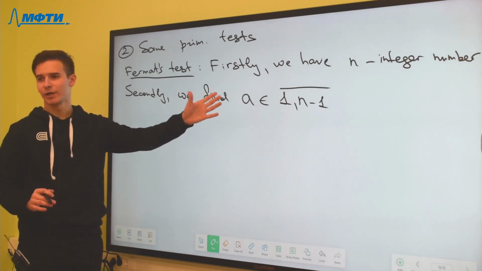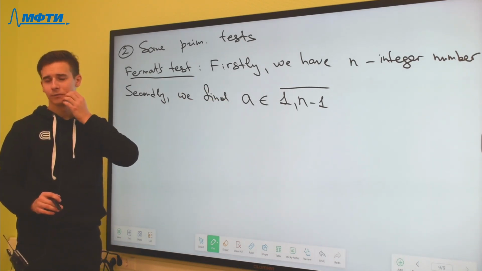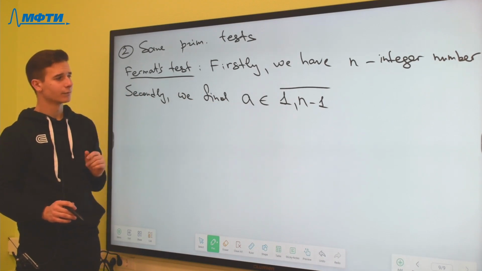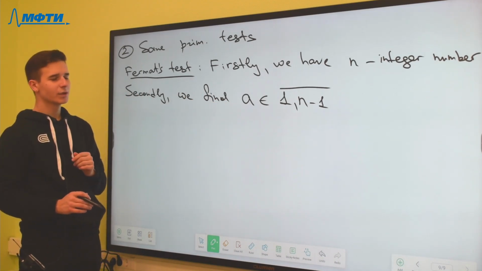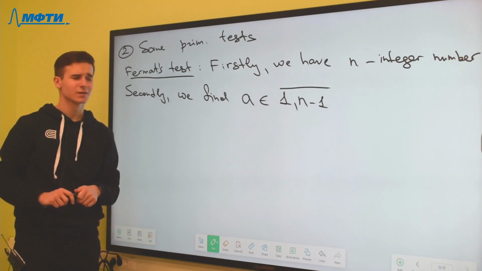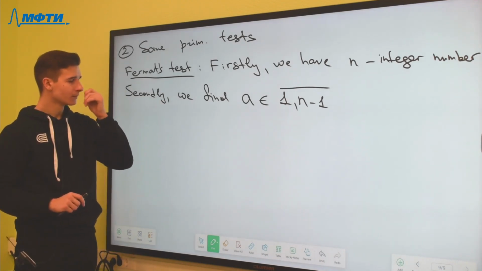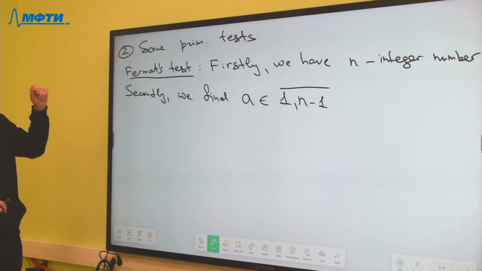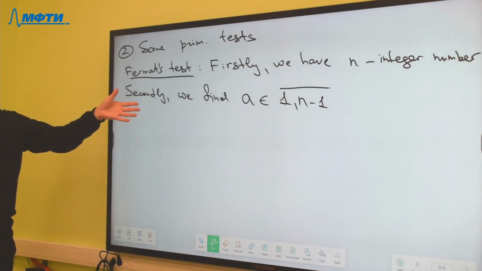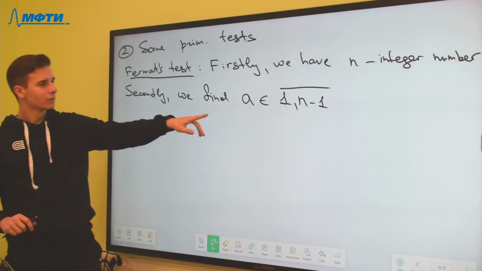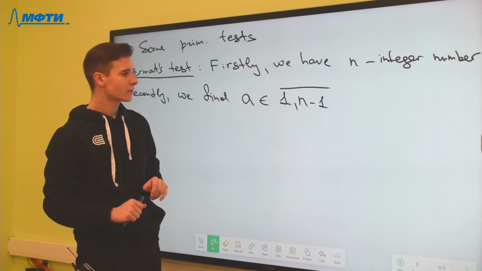It is a variable number. We didn't choose some number. We say that it is a random number from these numbers, from this set.